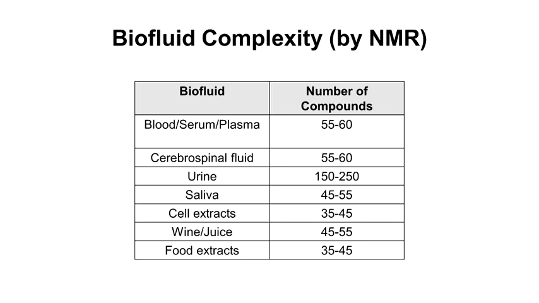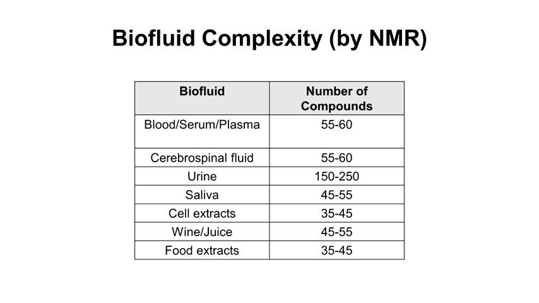NMR doesn't allow you to see everything. And in some cases, that's actually good. There are different biofluids that have different levels of complexity. So the most complicated one is actually urine. Saliva, blood, cerebrospinal fluid, typically you can see around 40 to 60 different compounds.